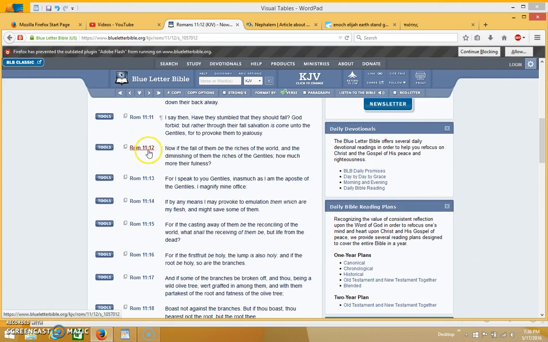So you see here in Romans 12, it says, "Now if the fall of them be the riches of the world, and the diminishing of them the riches of the Gentiles, how much more their fullness?" And then it goes on to say, "For if the casting away of them be the reconciling of the world, what shall the receiving of them be but life from the dead?"